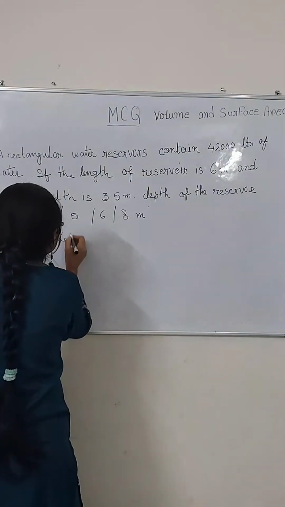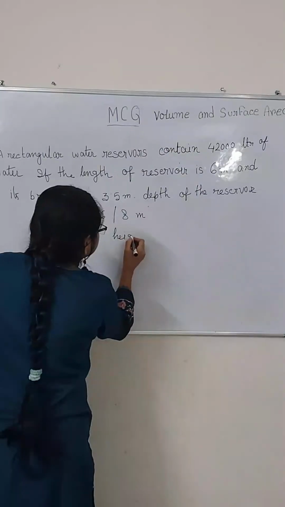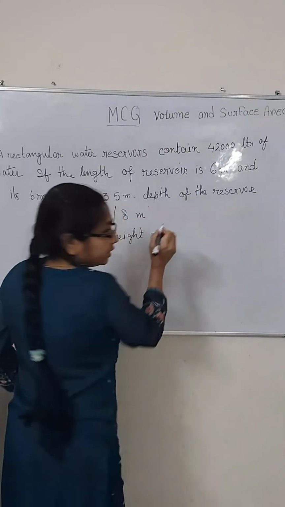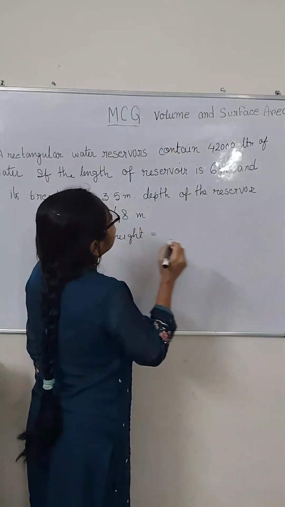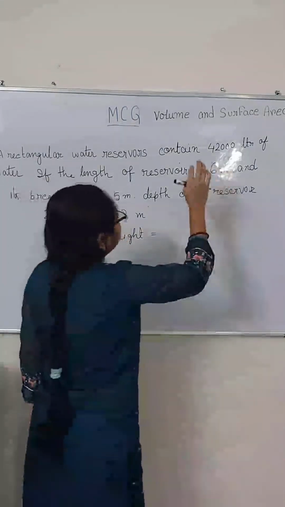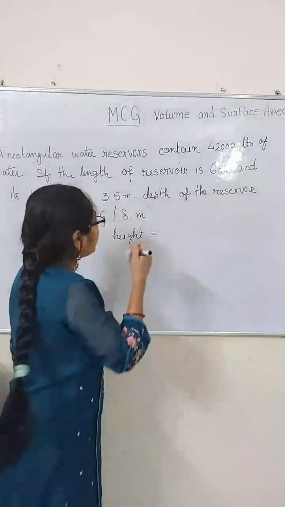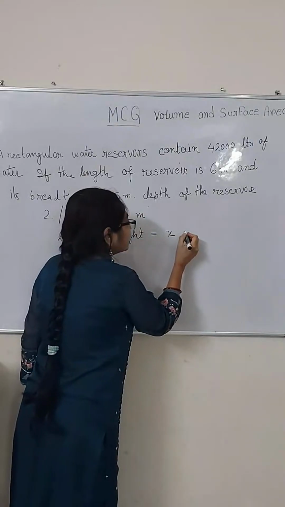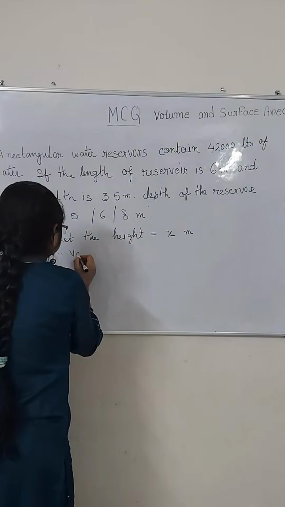Let the height be x. We do not know the height. हम लोग को पता नहीं height क्या है. So first we check there is a meter. Depends on another one, breadth is also meter. So I write x meter. Now the volume.